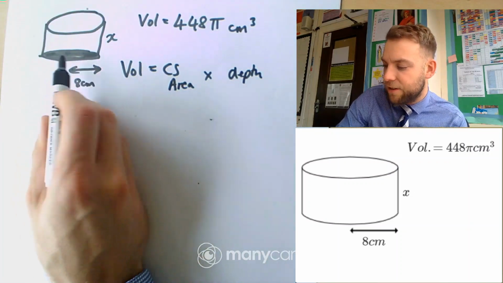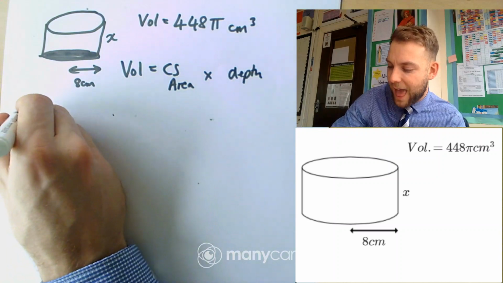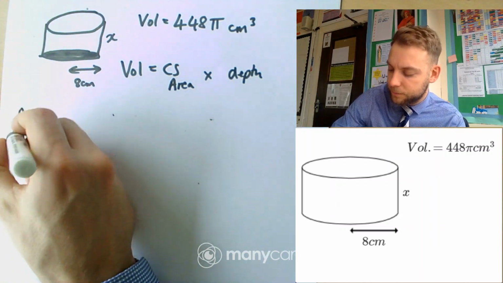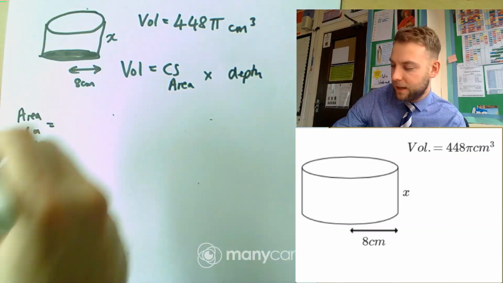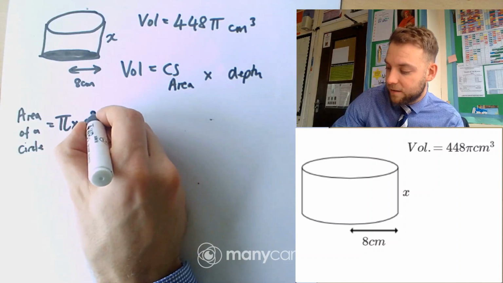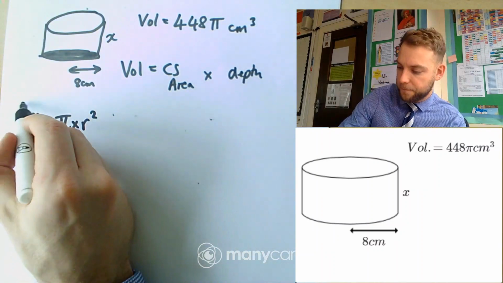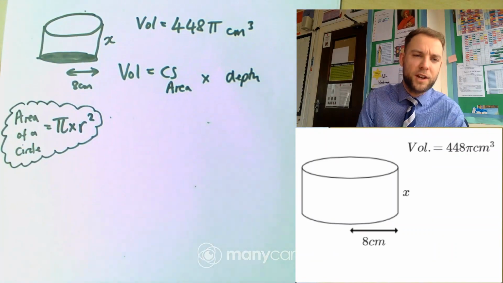My cross-sectional area in this case is a circle. And what's the formula for the area of a circle? Well, the area of a circle is equal to pi times by the radius squared. You will need to remember that. If you're not sure, make sure you go back and have a look at area of shapes.